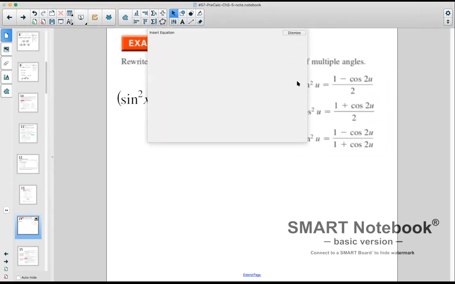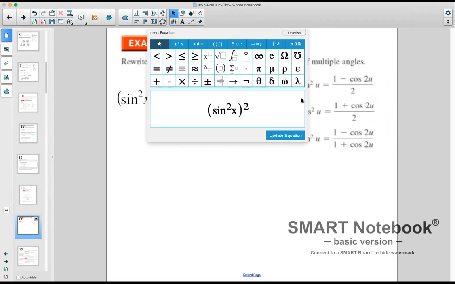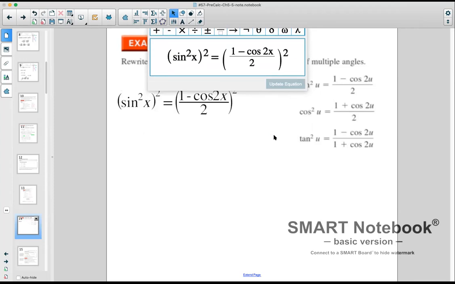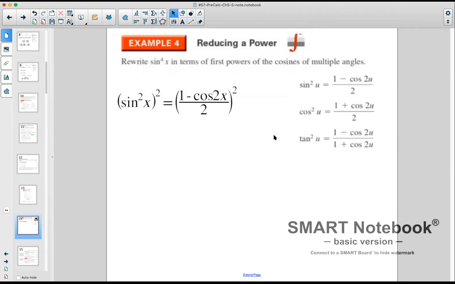I just put an equal sign, read it as it is, and change u to x. So 1 minus cosine 2x over 2, and put the square sign outside, correct? Is this okay? Did I do it right?